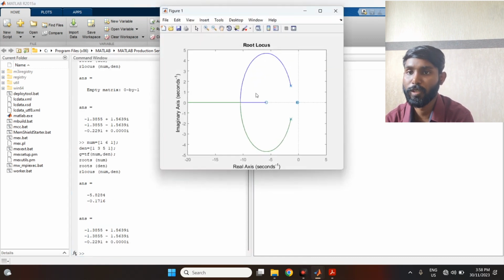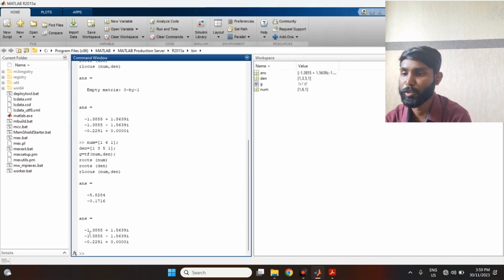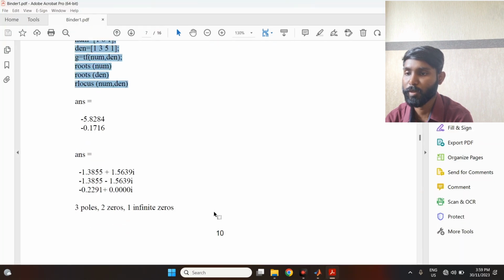This is the root locus. The answer will be negative 1.3855 plus 1.5639i, negative 1.3855 minus 1.5639i, and negative 0.2291 plus 0.0000i.